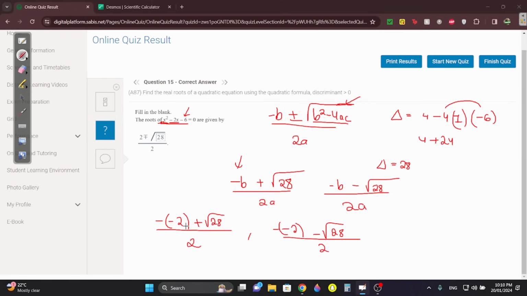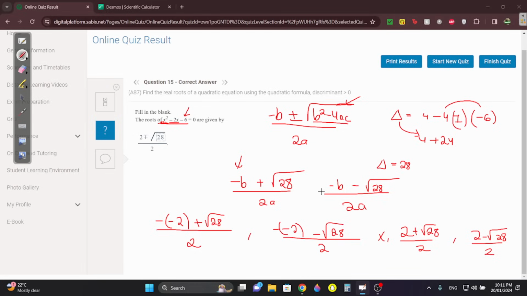Notice how these are the exact same, except we just have plus and minus that's different. That's why, after you find the discriminant, everything else is easy. Minus minus 2 is obviously positive 2. So 2 plus radical 28 over 2, that's your first solution, and then 2 minus radical 28 over 2, that's your second solution.